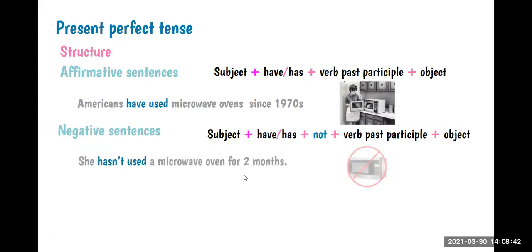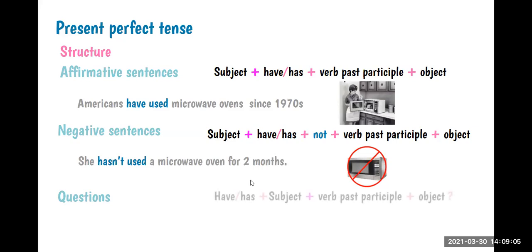Then we have the question form. Okay, how do we change this to the question form? We start with have or has, then the subject and the verb in past participle. Yes, exactly. The only thing we have to do is to change the position of the auxiliary verb with the subject, right?